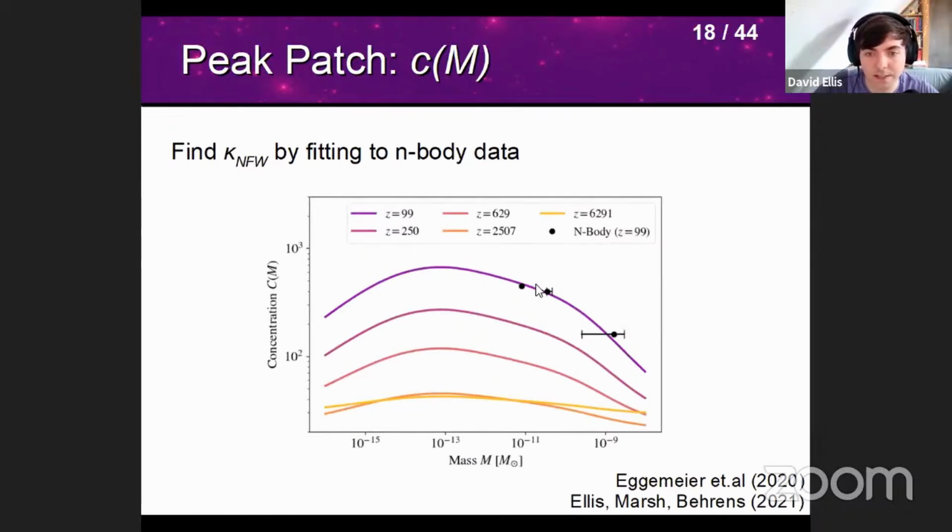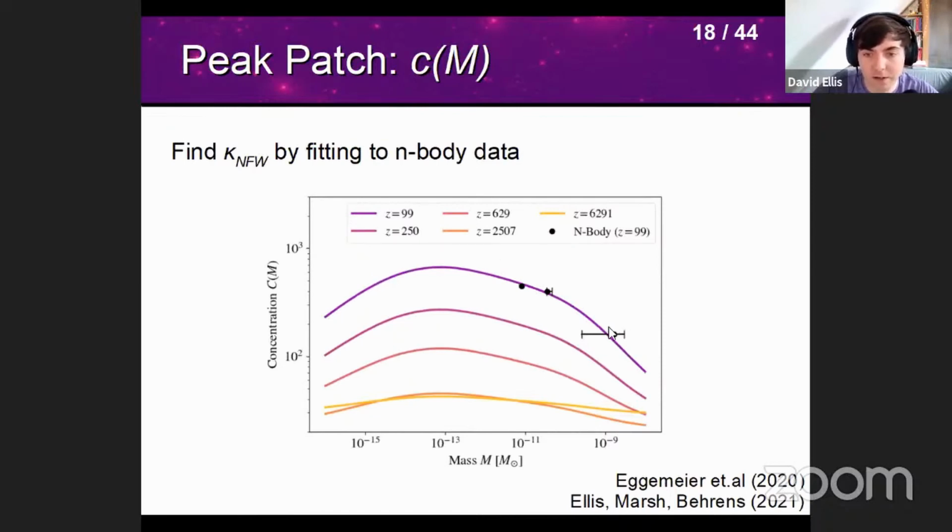This makes it easier to fit to the data, as we can see here. I should say that each one of these points isn't a single halo. This is averaging over a number of halos, and these come from, again, the results from Benedikt Eggemeier, Javi, Jens, and others.